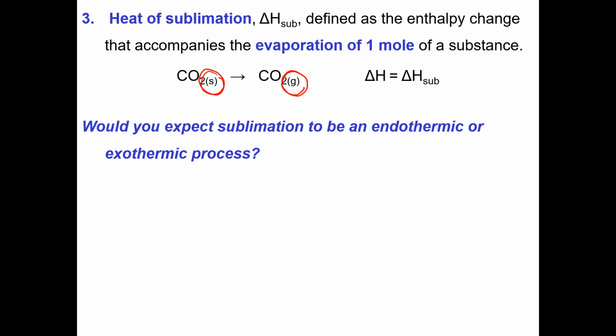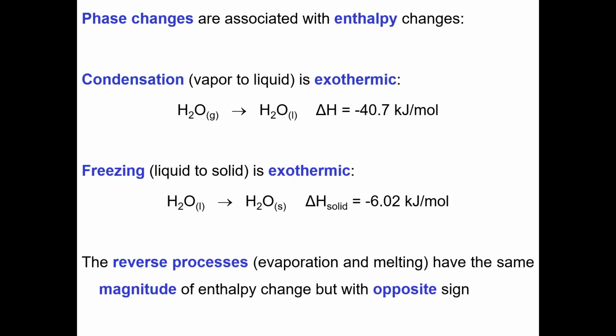If you have a block of solid carbon dioxide and you leave it on the counter at room temperature, the counter won't get wet, but the carbon dioxide will disappear because it goes directly into the gaseous form without going through the liquid. Now, sublimation is an energy in process because we have to break intermolecular forces in order for it to occur. So the enthalpy of sublimation will have a positive value.